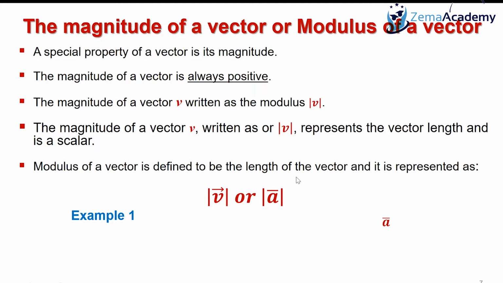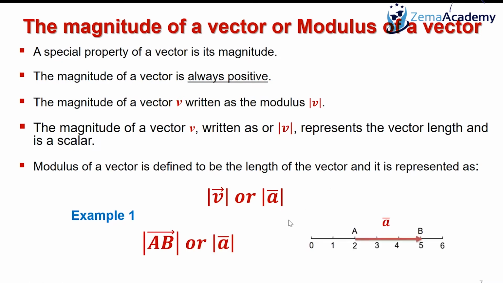At the bottom of the slide, you can again see how it can be represented. You can represent it with an arrow, or you can represent it as a bar. You can represent it by its endpoints, or as a scalar value, the length of the vector. This is what I mean: the starting point is A, the ending point is B, and the length between A and B is the magnitude.